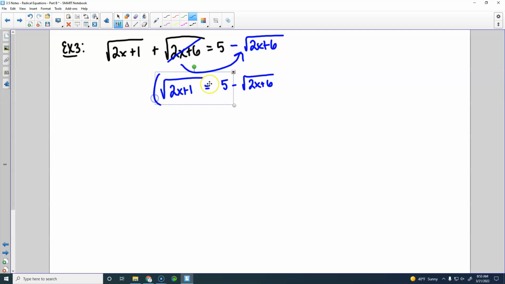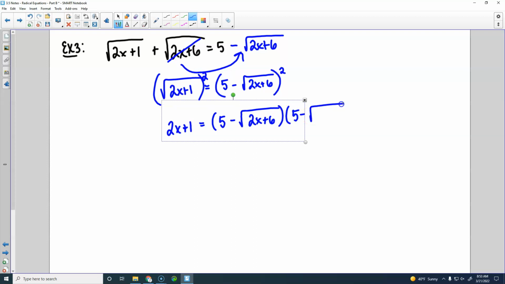So we would square both sides here. So we got on the left side 2x plus 1 equals, I'm going to write this twice, 5 minus square root of 2x plus 6 times 5 minus the square root of 2x plus 6.